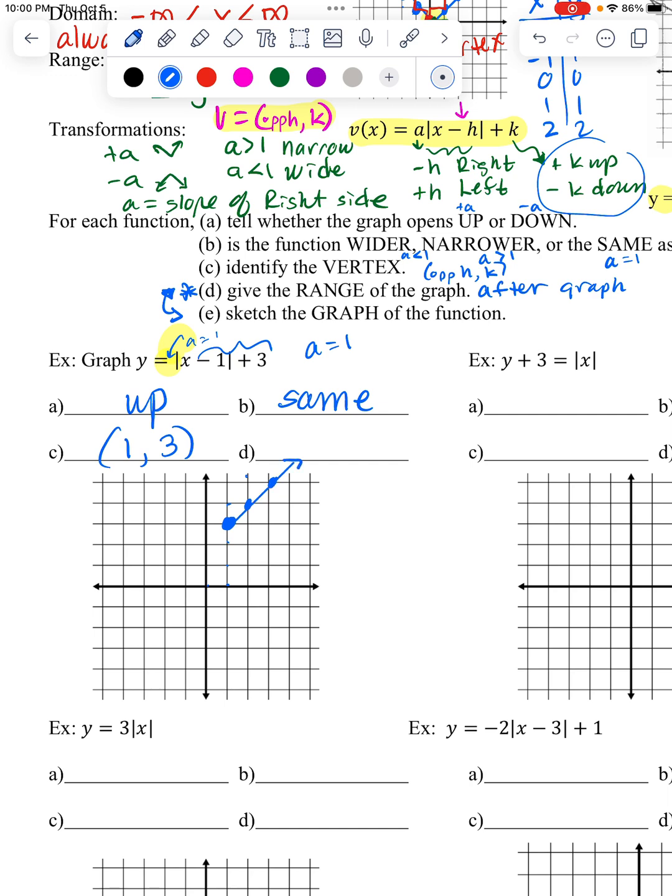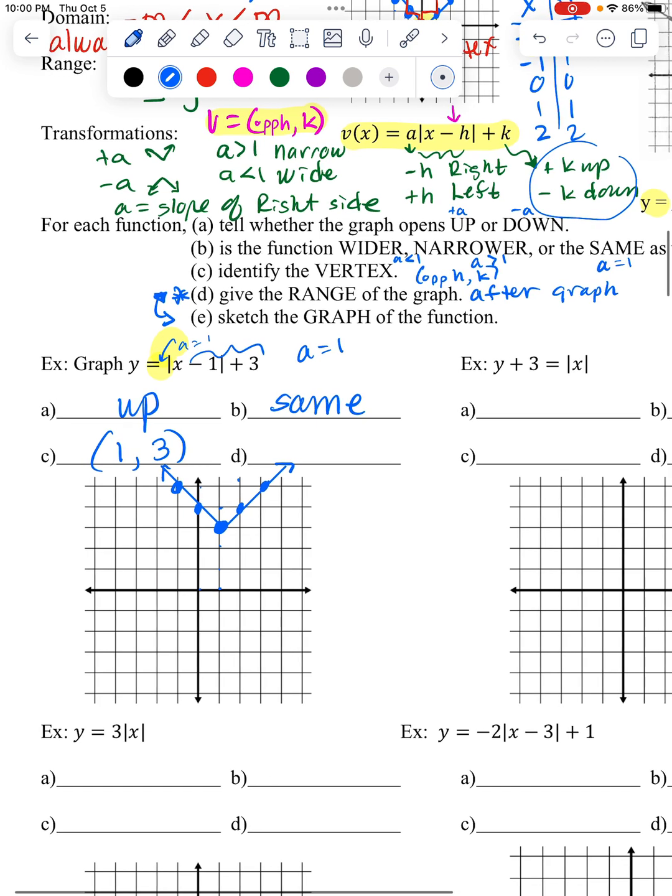Then I can go up 1, back 1, up 1, back 1 to get the left side because they're mirror images. All right, so now I'm going to do my range. The range is the lowest it goes, and the lowest it goes is right here, and that is a Y value of 3, which it actually touches, and then it goes up forever.